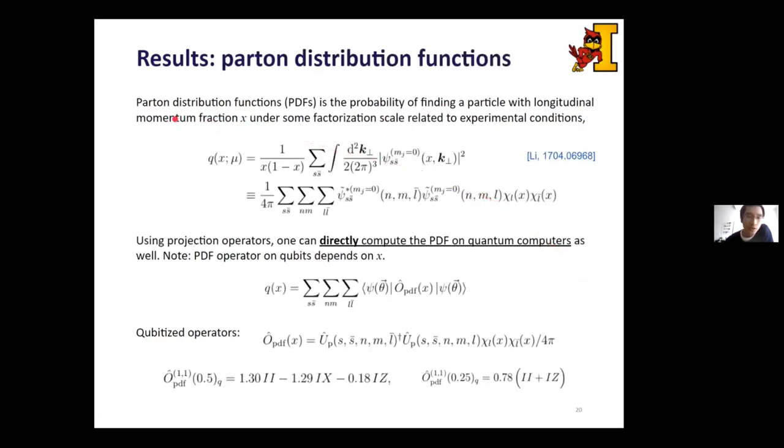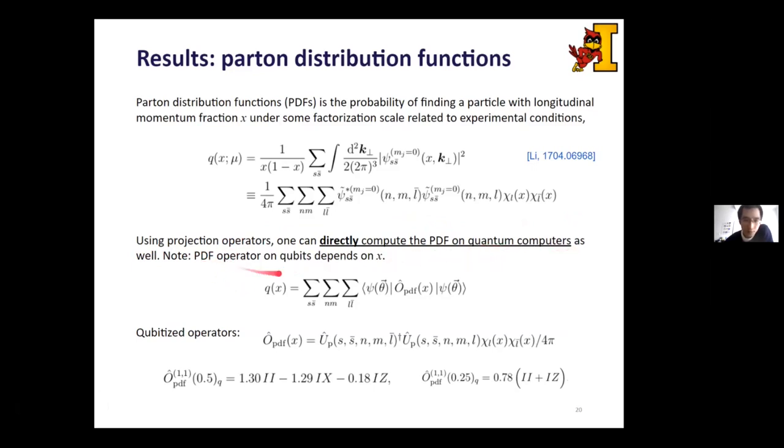And in addition, the parton distribution function is also something we can compute on quantum computers. PDF is the probability of finding a particle with longitudinal momentum fraction under some factorization scale. So on the BFQ basis, this can be represented as the following. We can use the projection operators to directly compute the PDF on quantum computers as well.